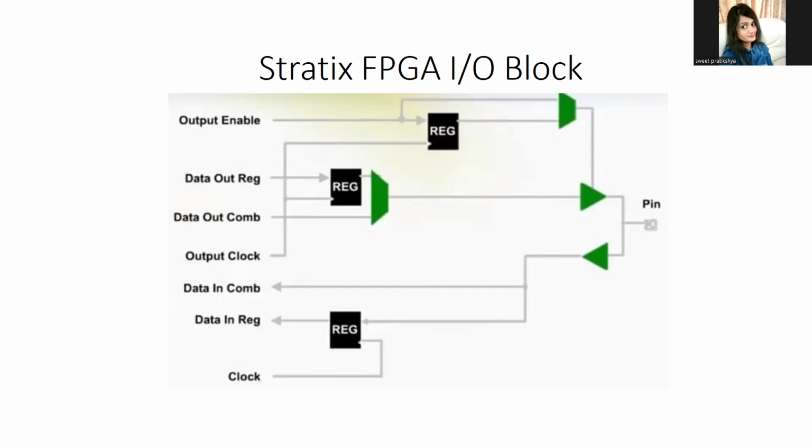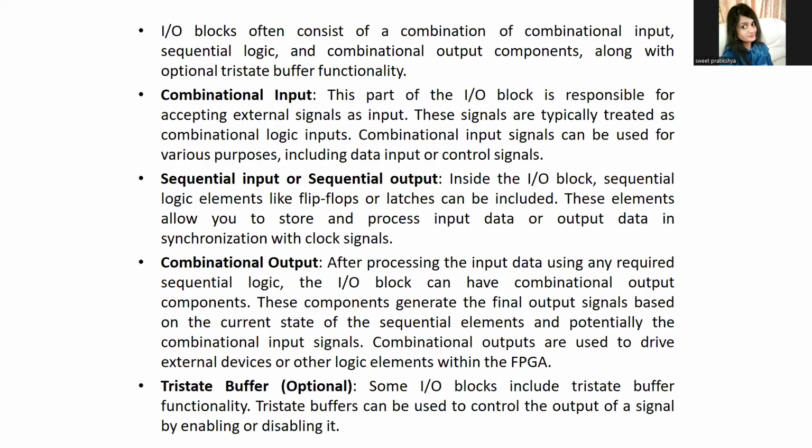Just have a look for one minute. Input output often consists of combinational input, sequential logic, and combinational output components, along with optional tri-state buffer functionality. Combinational input: this part of the input output block is responsible for accepting external signals as input.